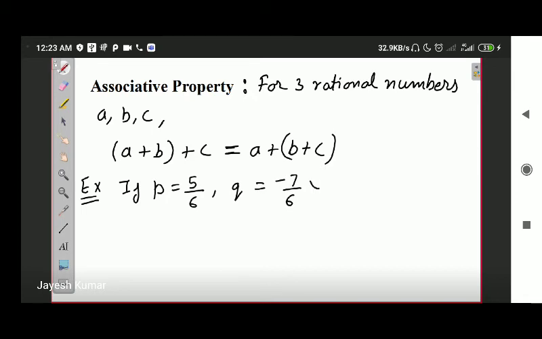If P is 5 upon 6, Q is minus 7 upon 6, and R is 13 upon 6. In your book, it is written as 13 upon 16. Please make the correction in your book, okay? You have to write R as 13 upon 6. Then verify that.